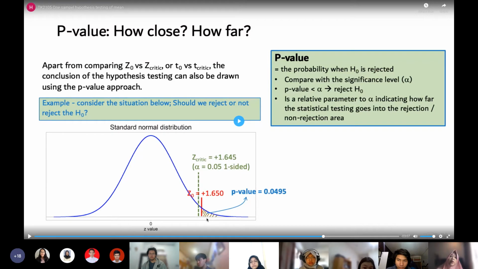Okay, we can calculate it using Minitab. This indicates how far the statistical testing goes into the rejection or non-rejection area.